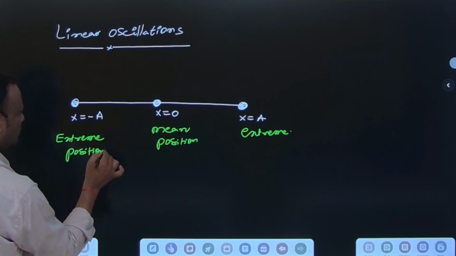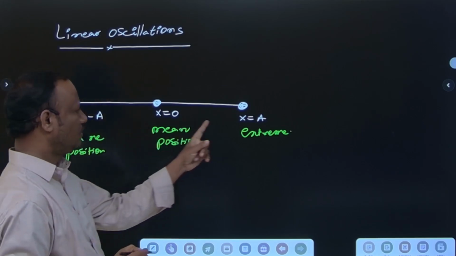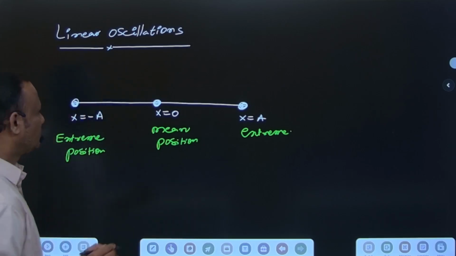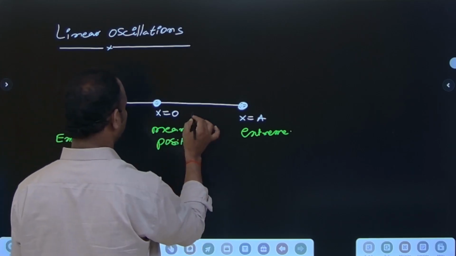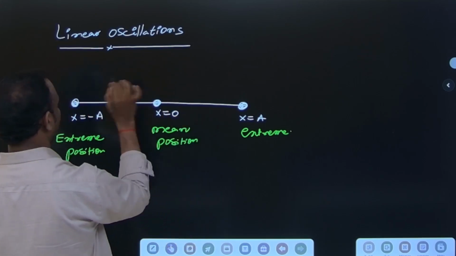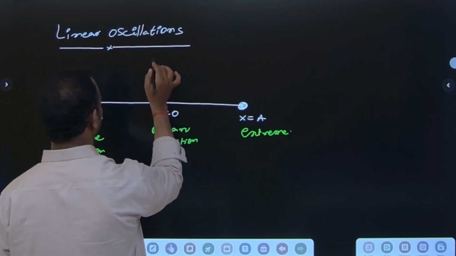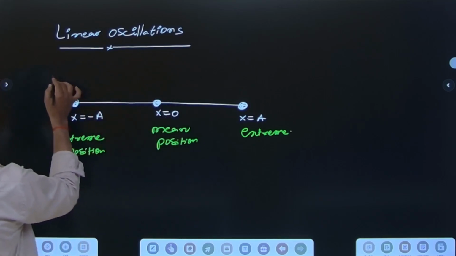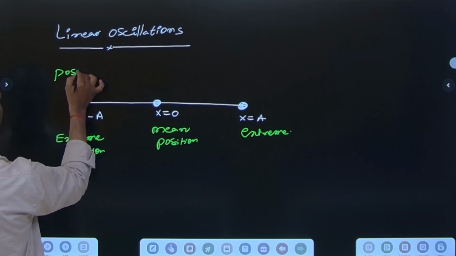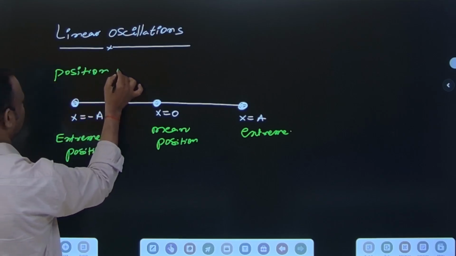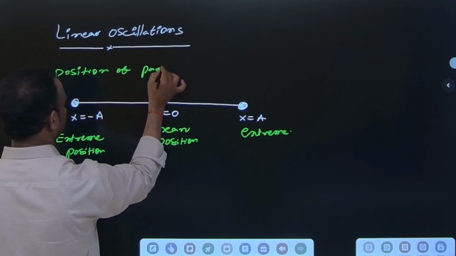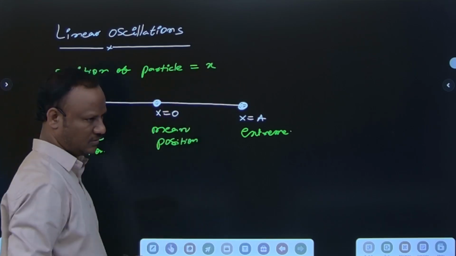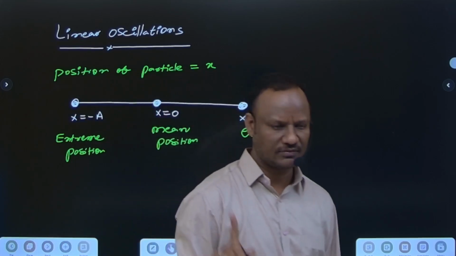Now come to the point: x equals 0, x equals A, x equals minus A. So for linear oscillations, I can write the displacement of the particle, otherwise the position of the particle, let it be x. Why x? It is along the x axis.